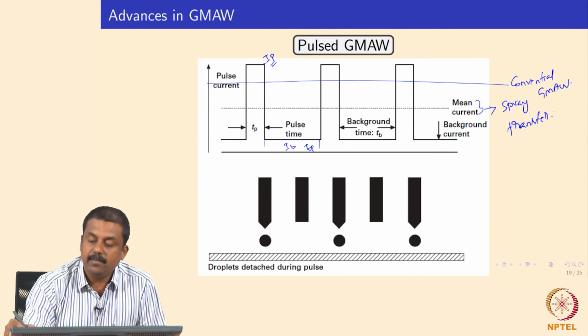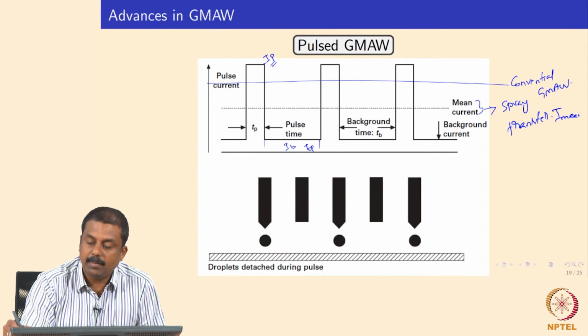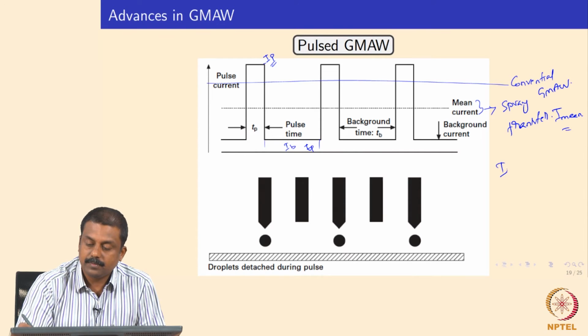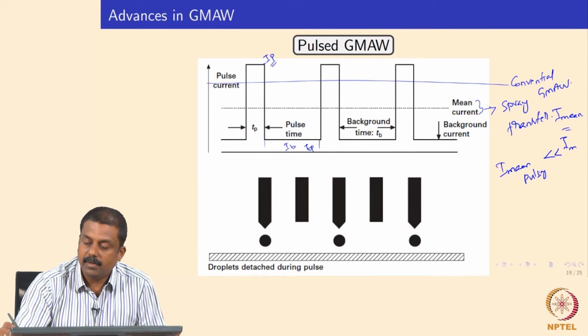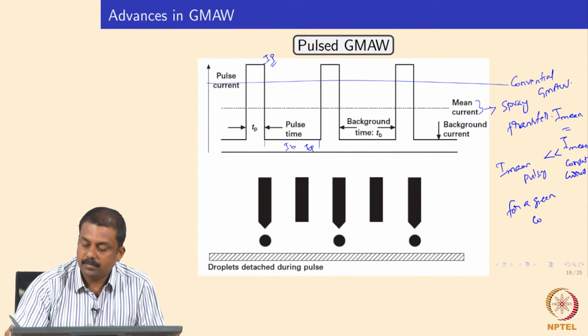And this mean current in a pulsing process is much lower than in a conventional process, where you have a constant current without pulsing, for a given consumable.